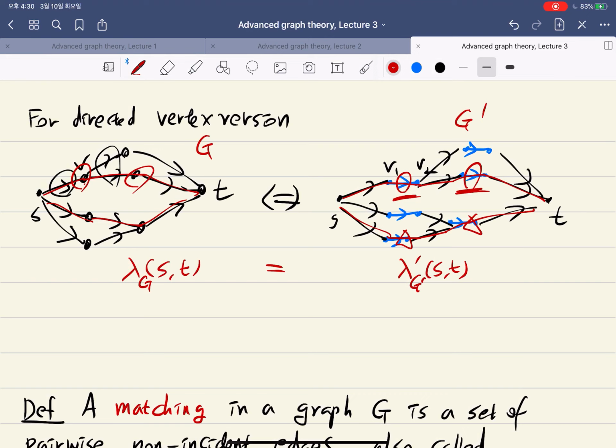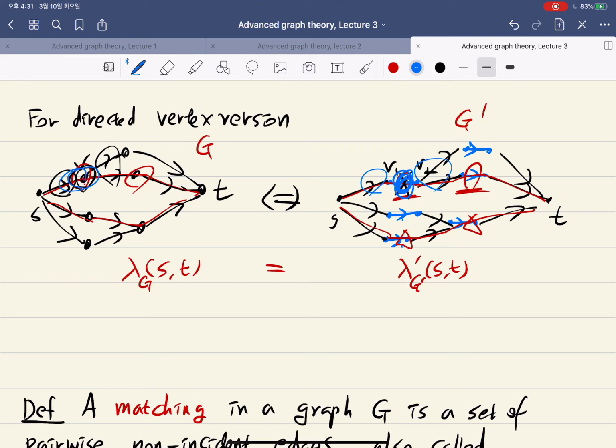And in the same way, you can actually show that deleting some vertices here has the same effect as deleting edges here. Because when we find a path, if we have a path passing through a certain vertex, there should be an incoming edge and an outgoing edge. But if you delete this one blue edge, then there is no way that you can use any of these incoming and outgoing edges. So deleting these edges has the same effect as deleting the vertex.